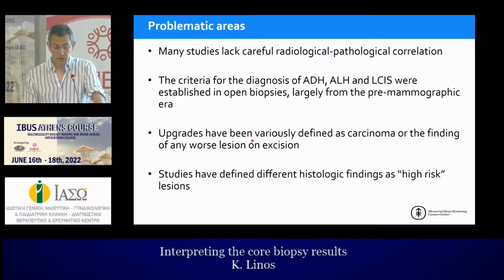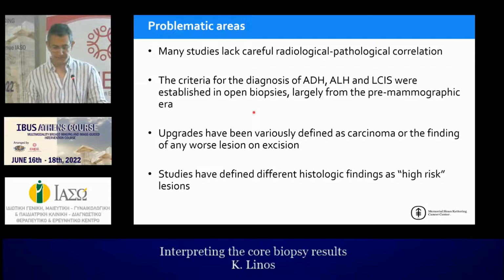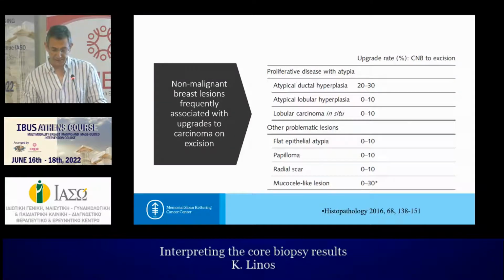And the other thing is, what do you define as upgrade? This is all over the place in different studies. Some studies define upgrade as carcinoma in the subsequent excision. Others define it as finding any worse lesion than the one you see in the core needle biopsy. So there are a lot of different things out there in the literature, but we're going to talk about all these things.